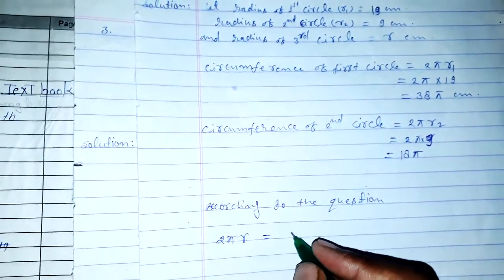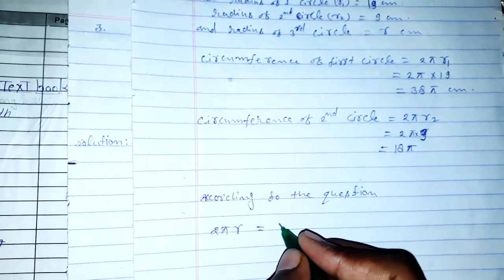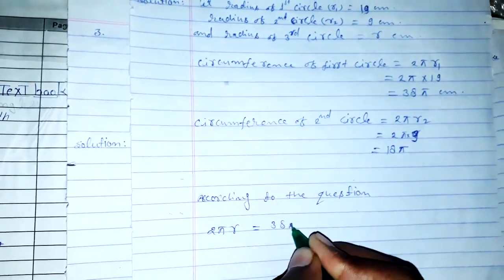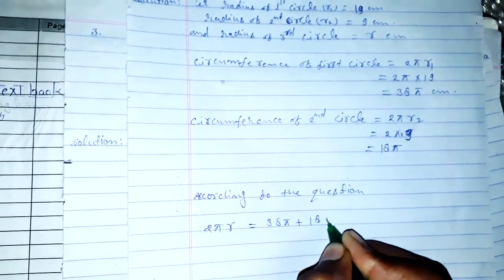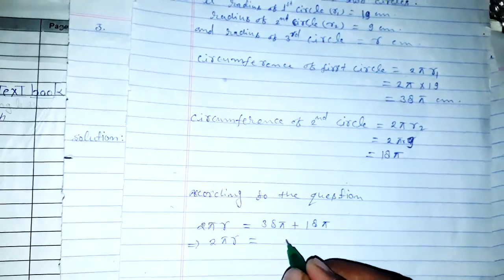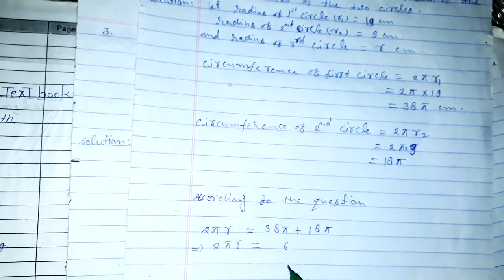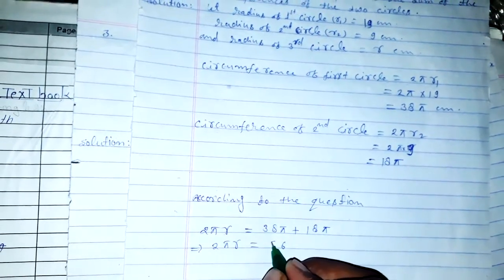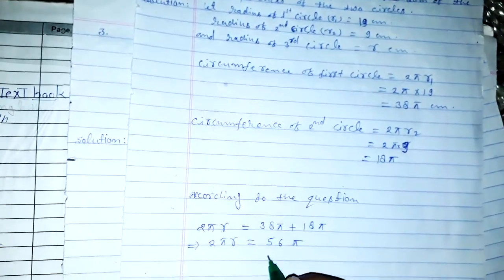So 38 pi plus 18 pi implies that 2 pi r is equal to 56 pi.